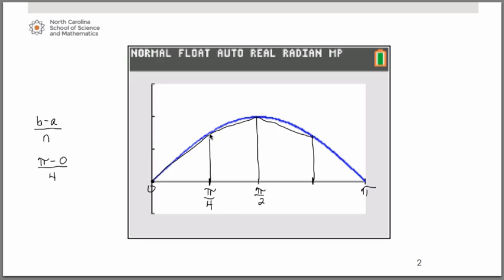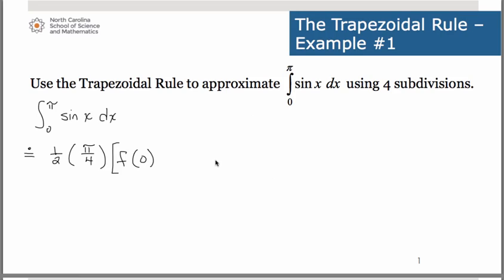But remember, this base right here is not only the bottom base of the first trapezoid, it's the top base of the second trapezoid. So that's why you might recall that you start doubling these lengths. Therefore, added to f of 0, we're going to have 2 times the function value at pi over 4, because that accounts for the bottom of the first trapezoid and the top of the second trapezoid.